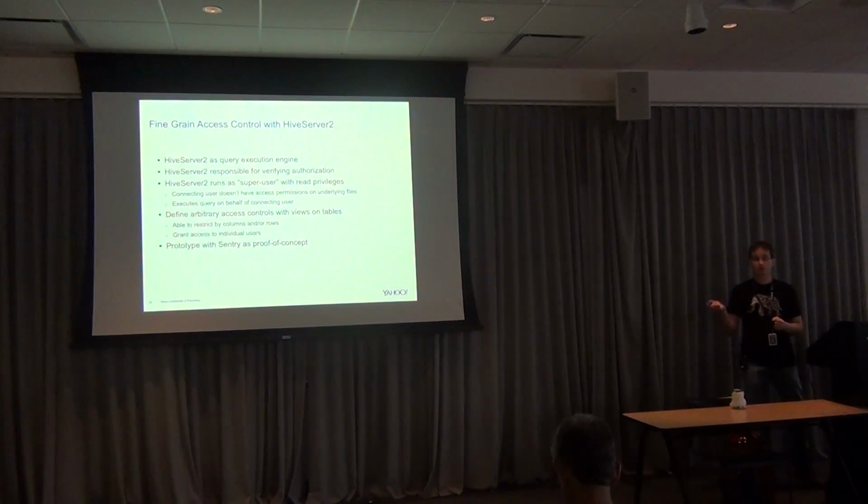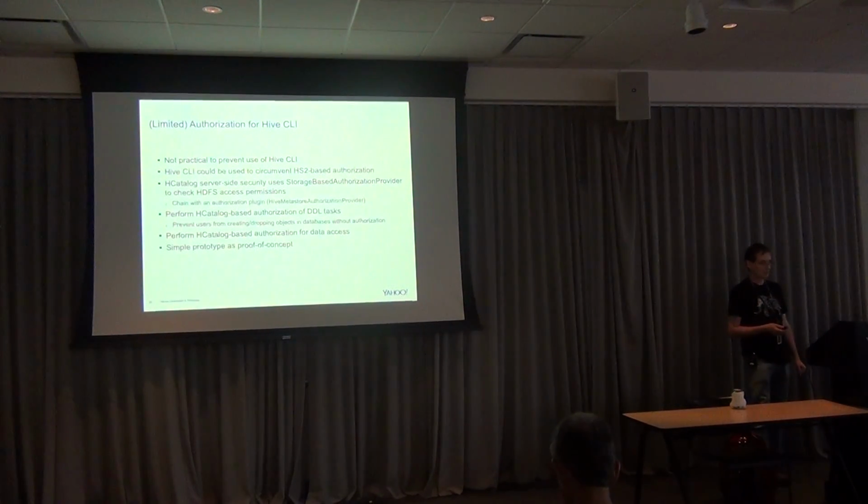And about a year ago, using Sentry as sort of a preliminary tool to explore this space, we created a proof of concept that showed that these ideas would work well for us. So now that the SQL-based authorization has been integrated into Hive 13, we're anxious to move to that technology and see what we can do with that.